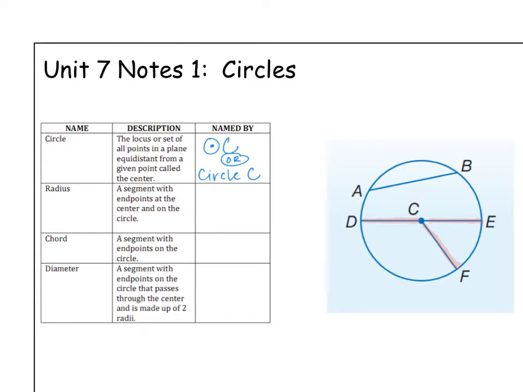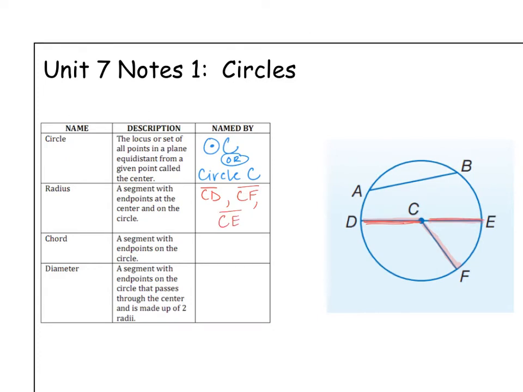The way that I name those is I use a segment bar. So the first one I could call segment either DC or CD. I usually do it alphabetically. So that first one right here could be segment CD, and that's a radius. I also have segment CF, and I also have segment CE.